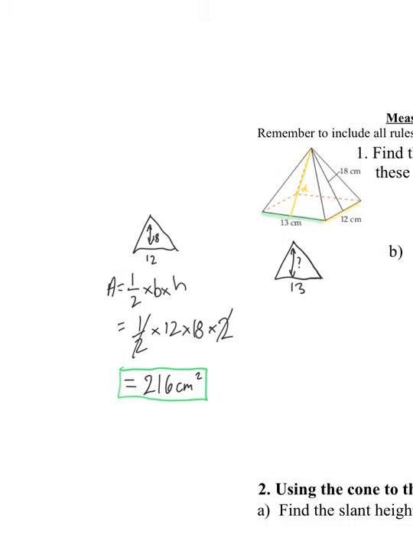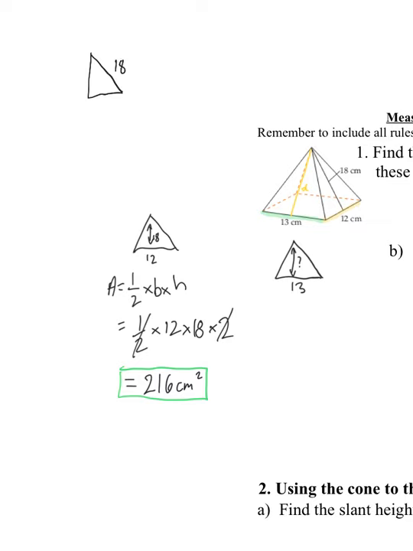What I'm going to do is move a bit to the left. So up in the top left here, we're going to work on trying to find that slant height. If we start with part of our triangle that we do know, with the first triangle we found that the slant height was 18.